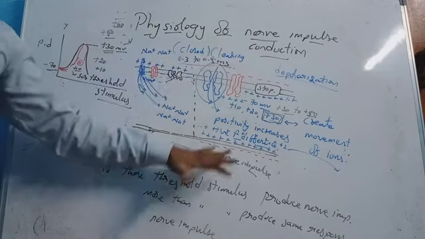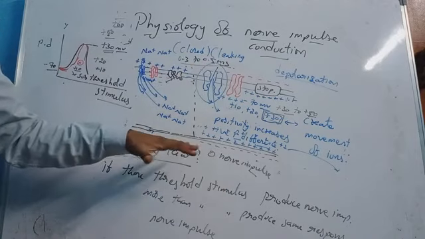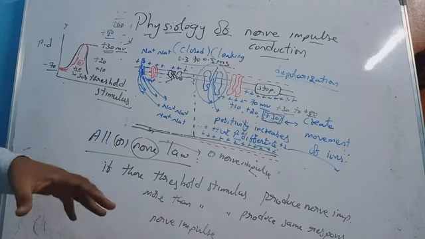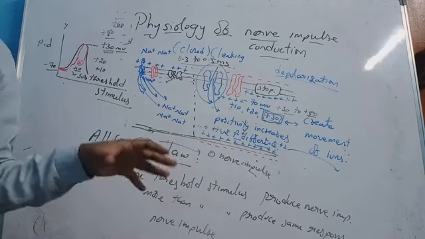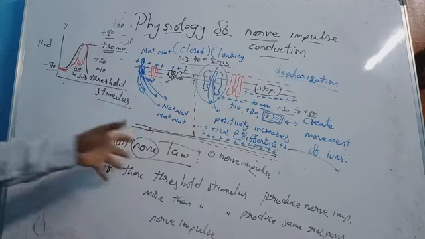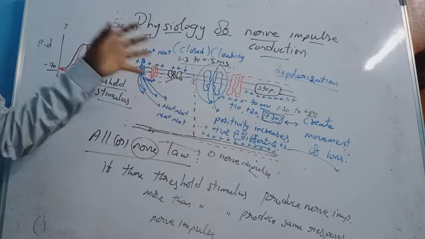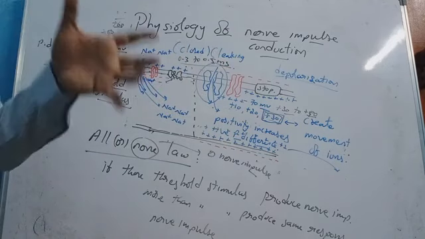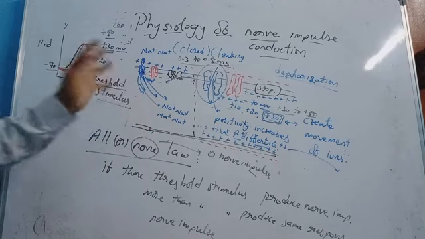And now up to this topic, what we have discussed is the generation of the nerve impulse, the production of the action potential, and what are the factors involved in the action potential, what is threshold, what is depolarization state, what is the trigger point. In every nerve, we will have a trigger point called the axon hillock.